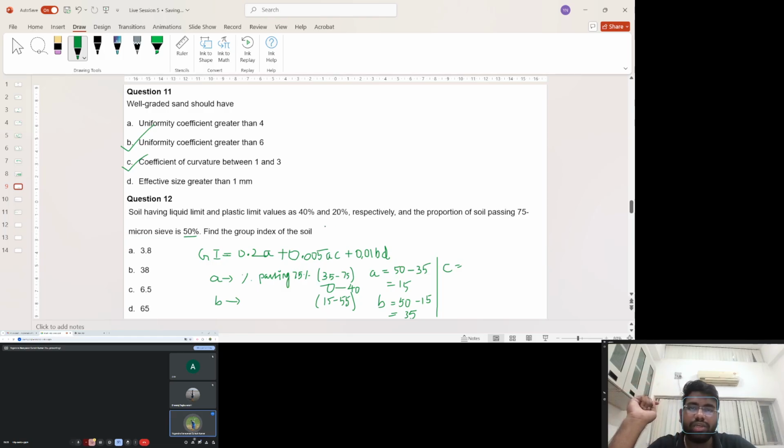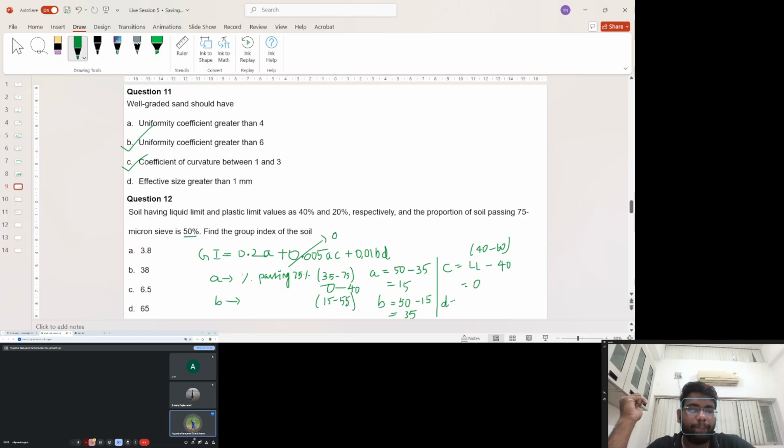The liquid limit is 40%. Its range is from 40 to 60, so it should be the liquid limit of the soil minus 40. Since it is 40, it will be 0. Hence this parameter entirely will be 0.